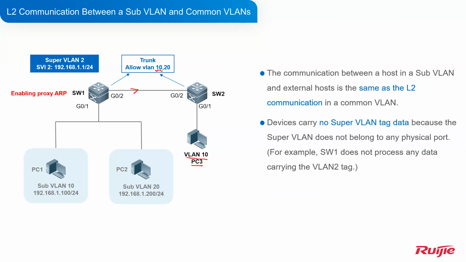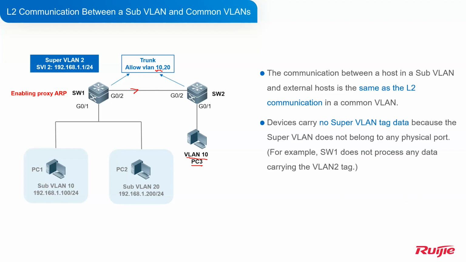After SW2 receives it, it will check the MAC address table, find the outbound interface GE0/1, and before sending out the packets, the interface will remove the tag. Right? This is the communication between PC1 and PC3. Devices carry no Super VLAN tag data because the Super VLAN does not belong to any physical ports.